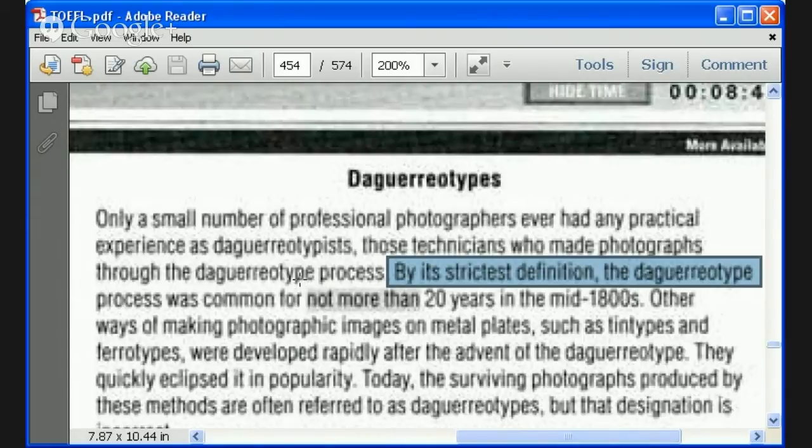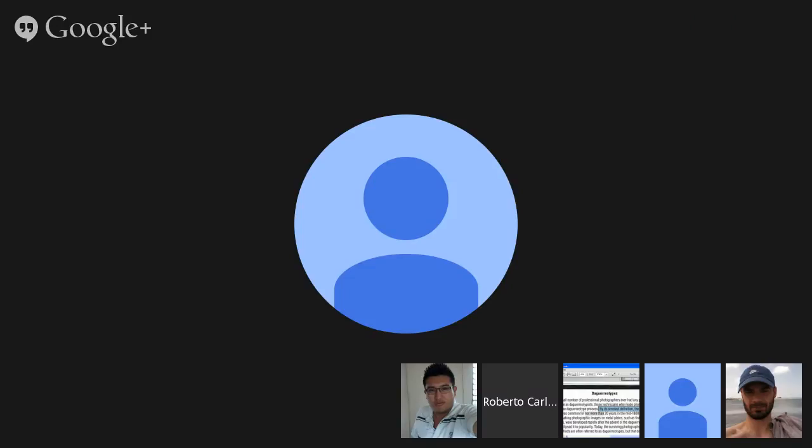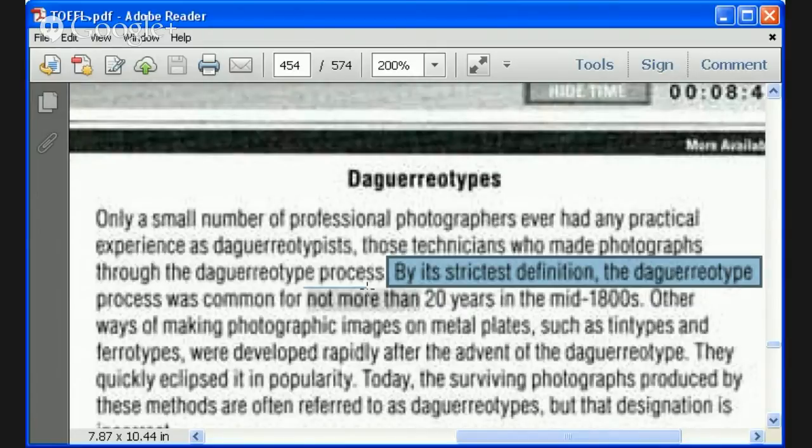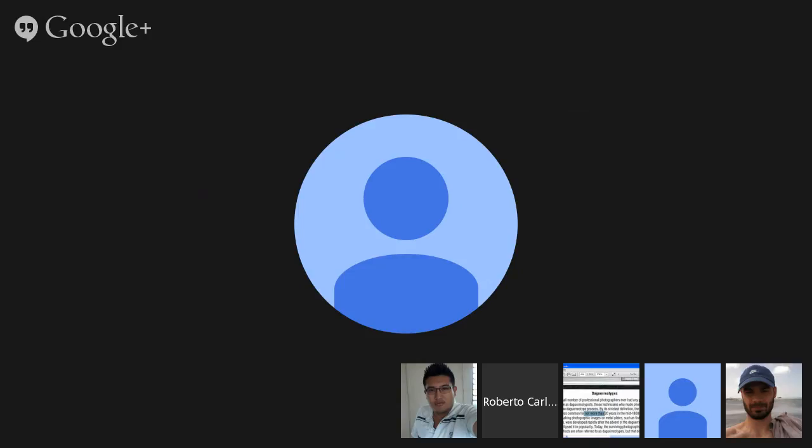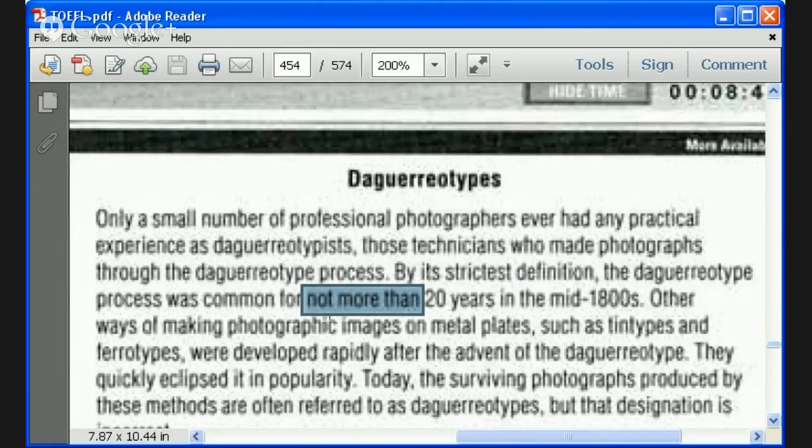That's how we say it. Okay, very good. Daguerreotype, by the way, this word is unfamiliar to me as far as pronunciation, so don't worry about it. Is there something you could substitute for the "not more than"? It was common for what?